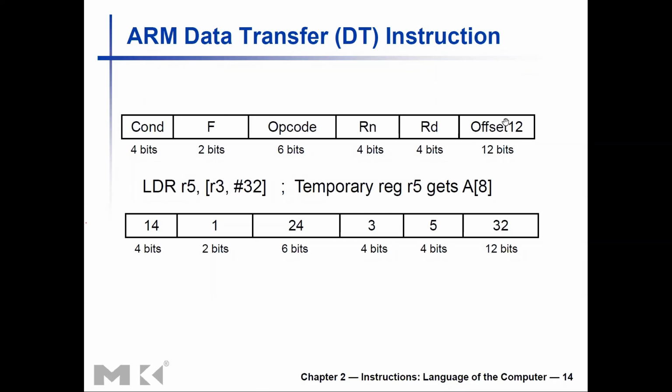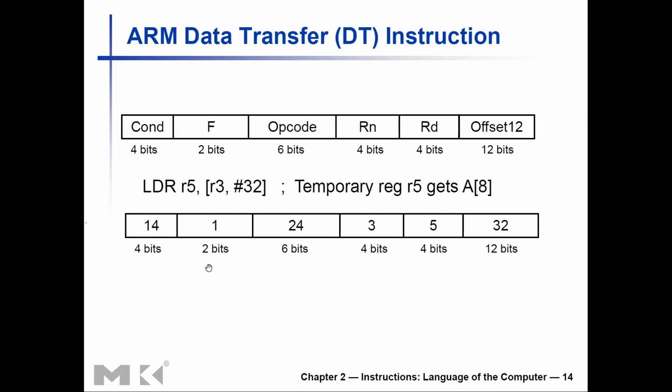R5 is the destination register, so you put 5 in the RD field, and of course this 5 has to be represented in binary. Then the offset is 32, so you put 32 here, and RN is the first source, which is R3, so 3 is put here.